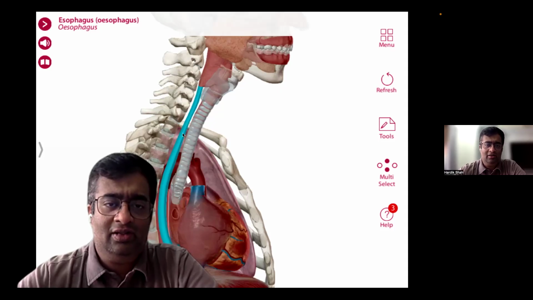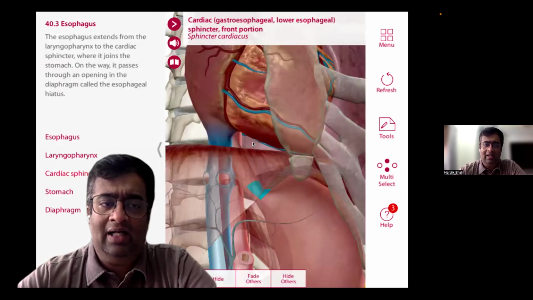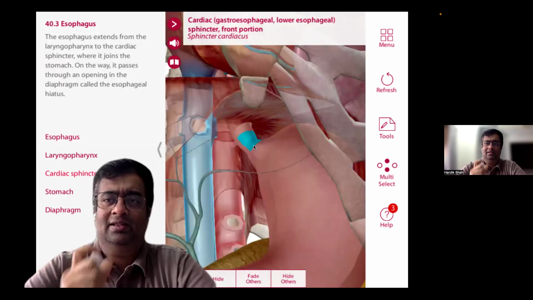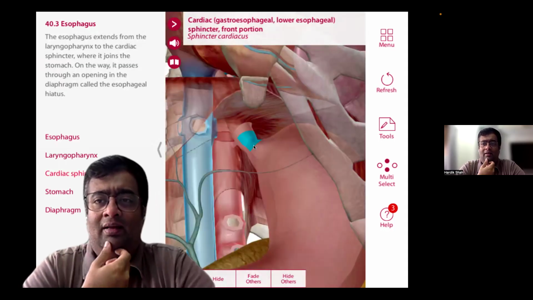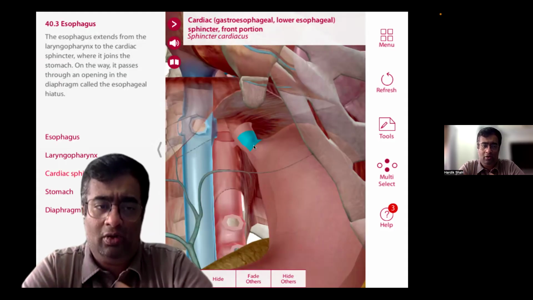Now, at the junction of the esophagus and the stomach, there lies a muscle called the cardiac sphincter. Sphincters are basically circular muscles that regulate the opening and the closing of the junction between two body parts or organs.